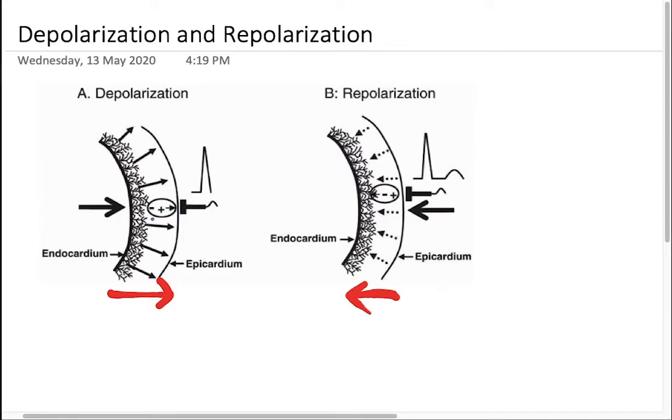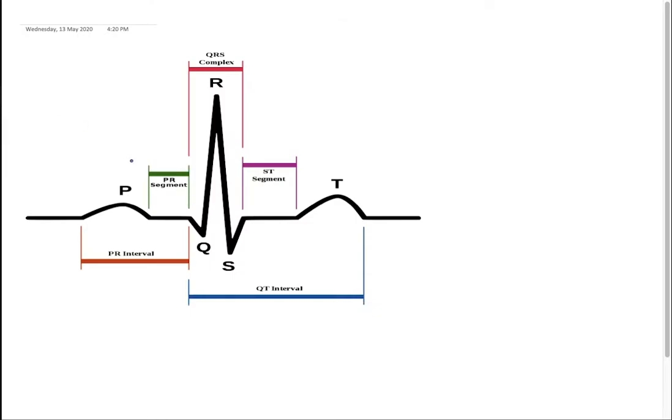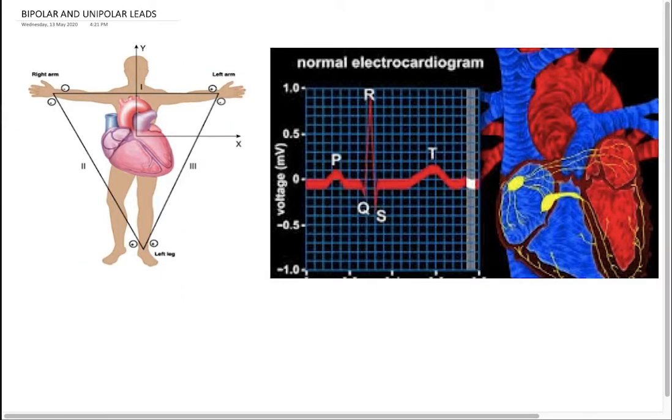Right, so this will be a positive deflection, and this basically represents depolarization, that is the QRS wave. Negative is basically repolarization in the reverse direction, represented by the T wave. This is how a normal ECG looks like. Then we'll talk about bipolar and unipolar leads.